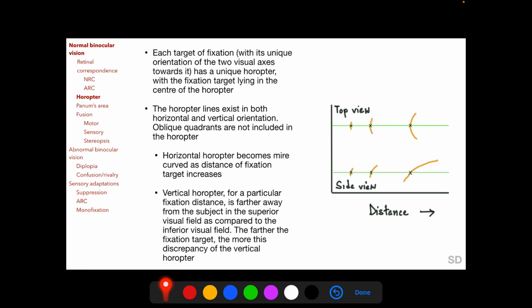Horizontal horopters become more curved as the distance of the fixation target increases, and the vertical horopter for a particular fixation distance is further away in the superior visual field as compared to the inferior visual field, and this superior-inferior discrepancy of the vertical horopter increases with the increase in distance of the fixation target.